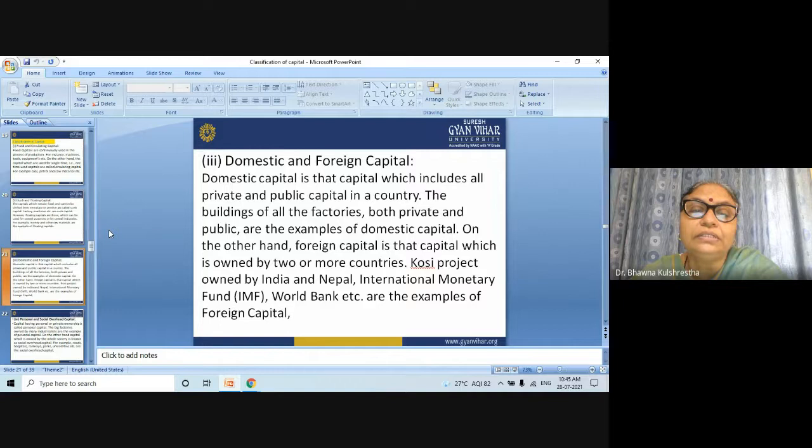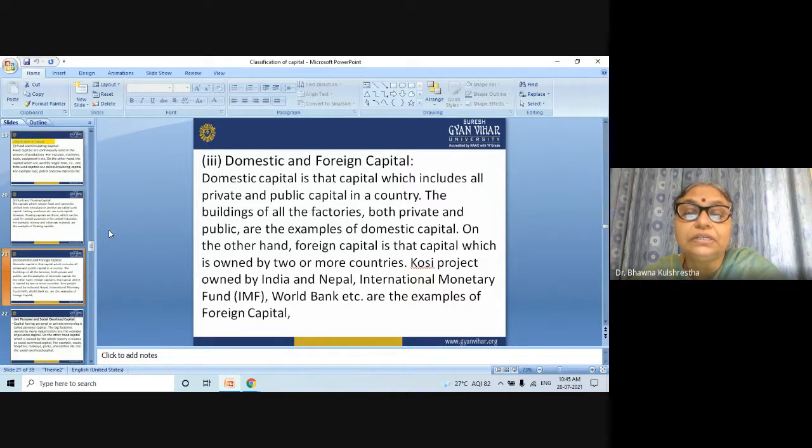On the other hand, foreign capital is that capital which is owned by two or more countries. For example, the Kosi project owned by India and Nepal, the International Monetary Fund, and the World Bank, etc.